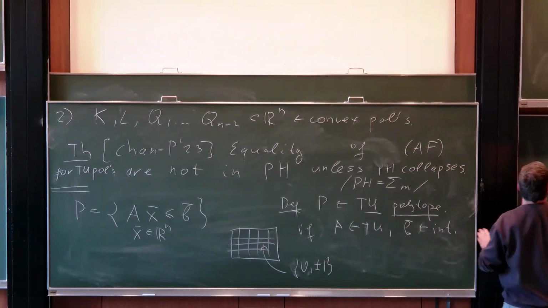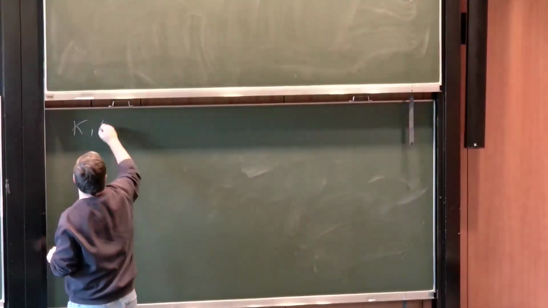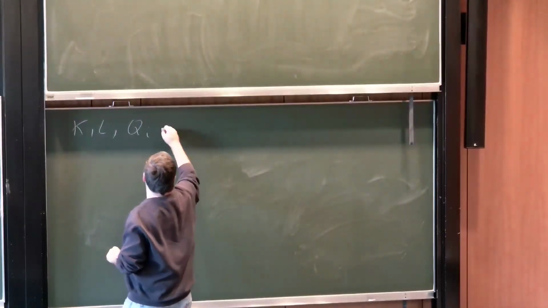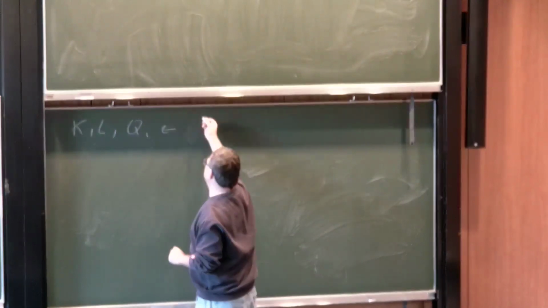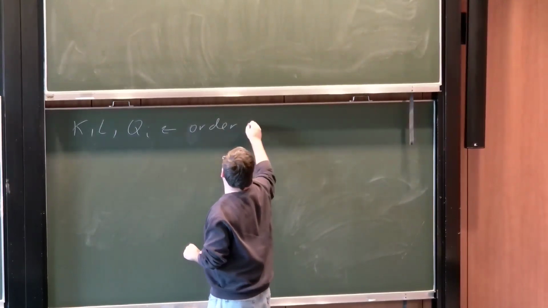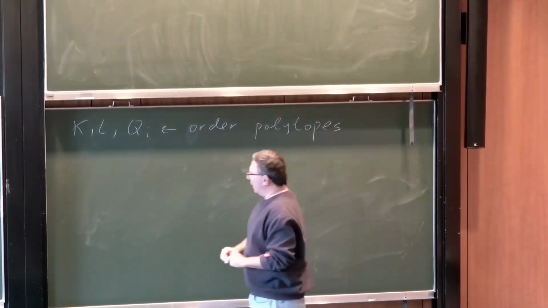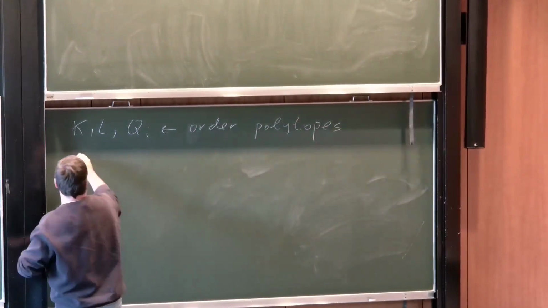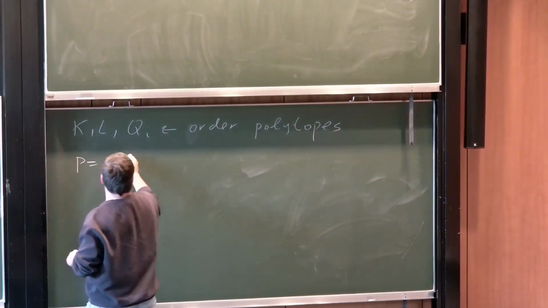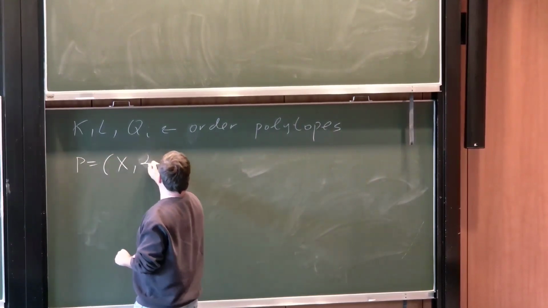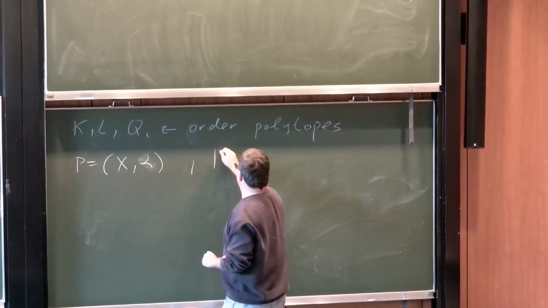So what polytopes are we considering? All these K, L, and Qi are going to be ordered polytopes. Ramon didn't tell you what exactly ordered polytopes are, but it's actually not a difficult thing to define. Suppose we have a poset.